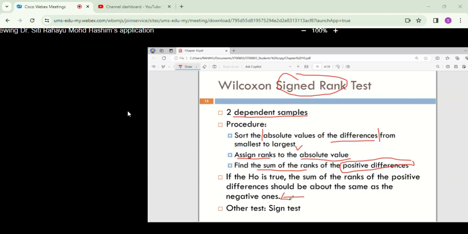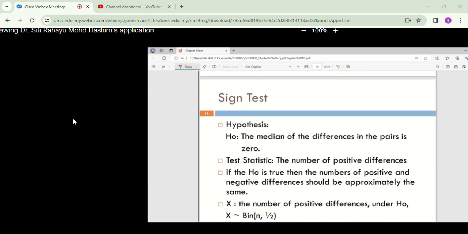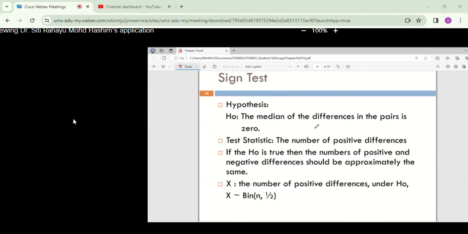Another test which is similar to the Wilcoxon sign rank test is the sign test. But it is not strict, and it is very difficult to reject the null hypothesis. The sign test is very easy, very simple. It only refers to the median of the differences, and the test statistic is the number of positive differences.